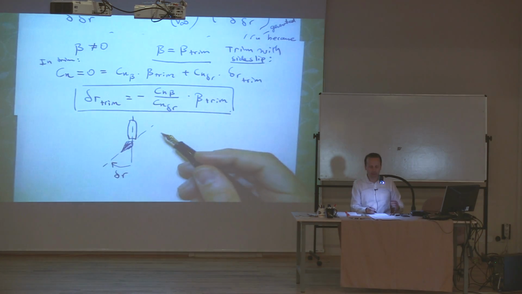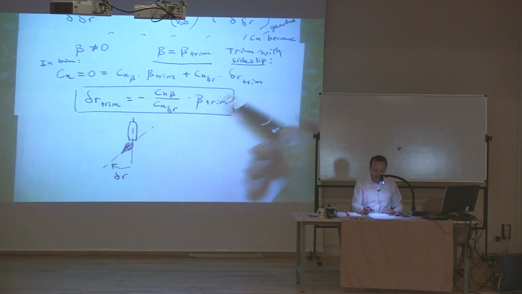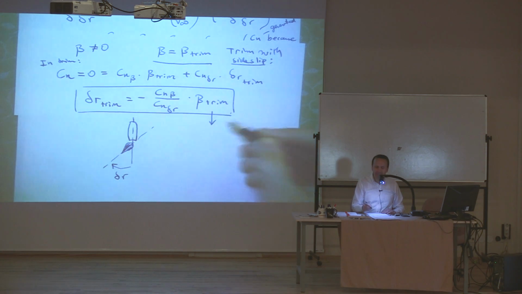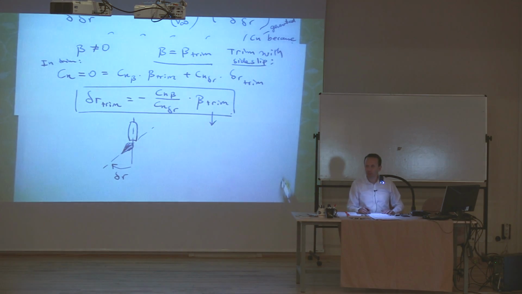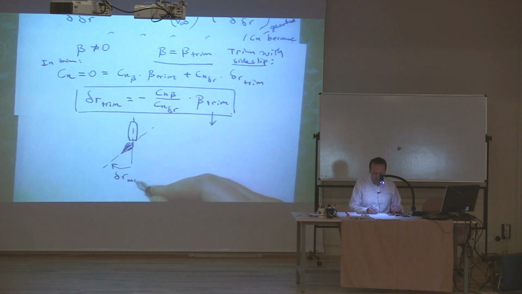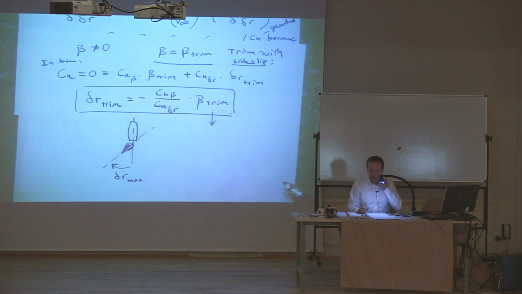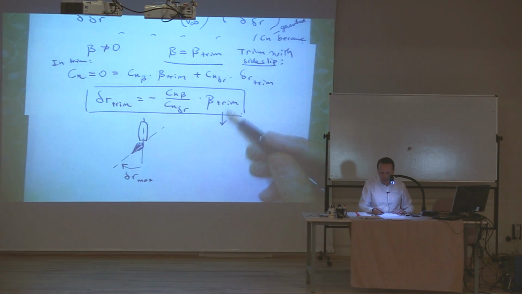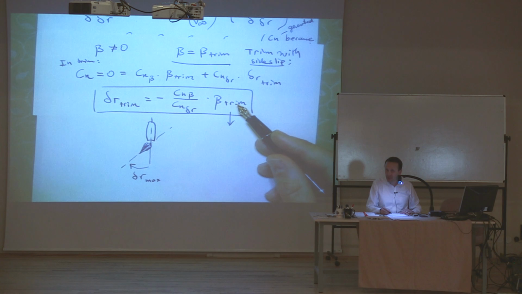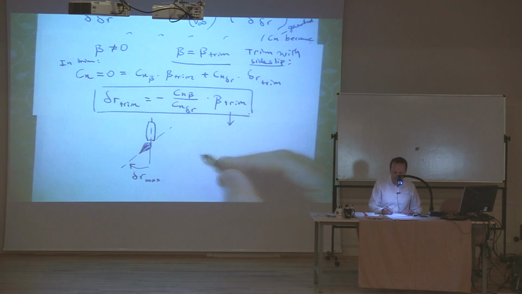So then you can calculate what is the biggest beta this airplane can fly given the maximum input on your rudder. If this is a limit, let's say this is del r max, I could calculate what is the biggest beta that this airplane can fly with.